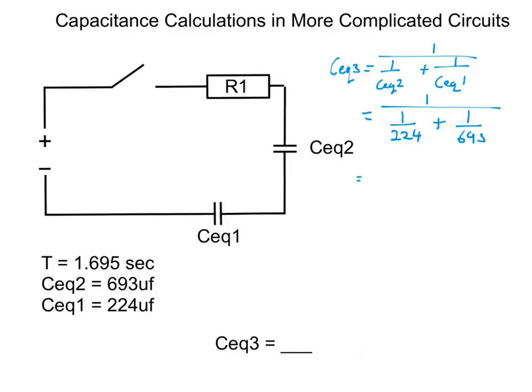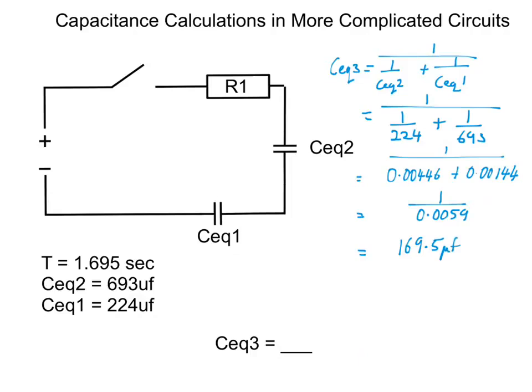When we work that out, that's going to give us 1 over 0.00446 plus 0.00144, which gives us 1 over 0.0059, which gives us a total of 169.5.